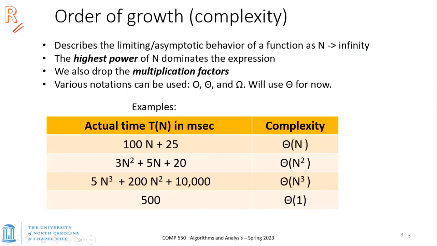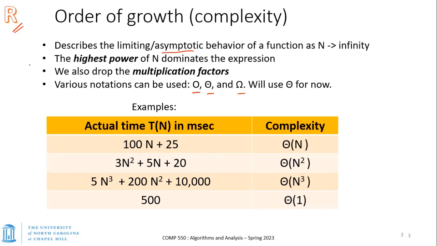In the last lecture, we started off by speaking about the order of growth, which is referred to as complexity. And we described different aspects of it. Basically, we said that there are different notations: the big O, the big theta, the big omega, but all three of these are essentially asymptotic notations. They show the asymptotic behavior of a function or of an algorithm as n, the input, becomes extremely large.